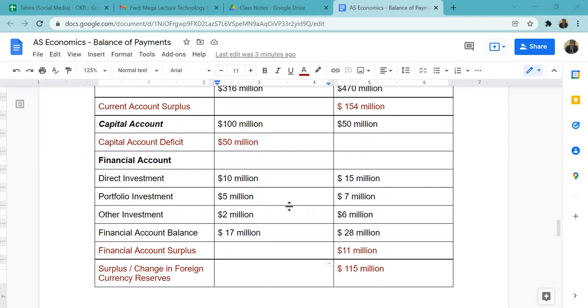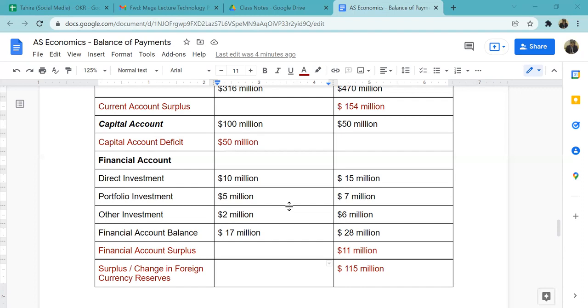So the IMF finances countries which are facing balance of payments deficits. If more money is constantly flowing out of our country, our foreign currency reserves will deplete. And why are foreign currency reserves important? We have to pay off our debt in dollars. We have to pay off our loans, which every country in the world, even the US government, has, and so on and so forth, right? So when they have to pay back those loans, they need to hold foreign currency reserves.